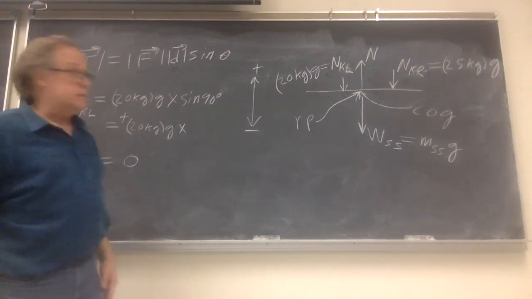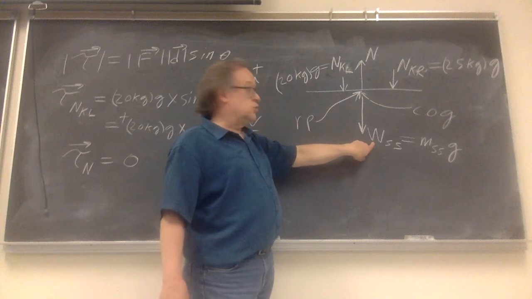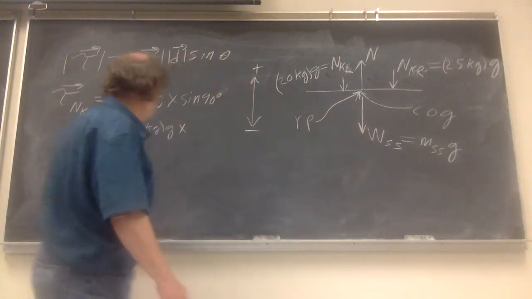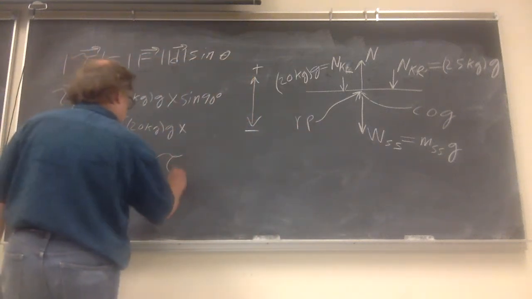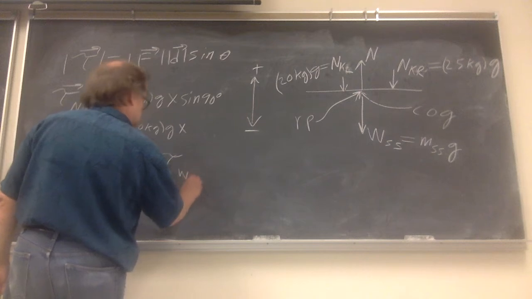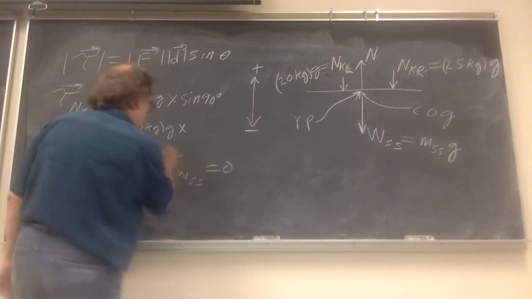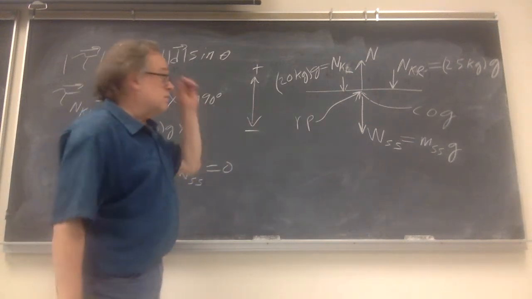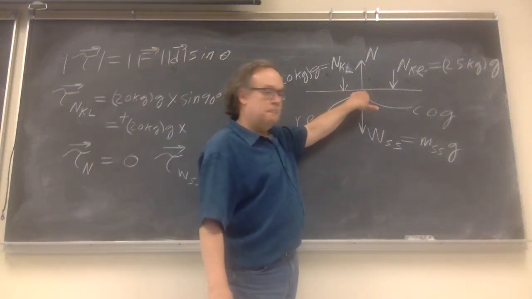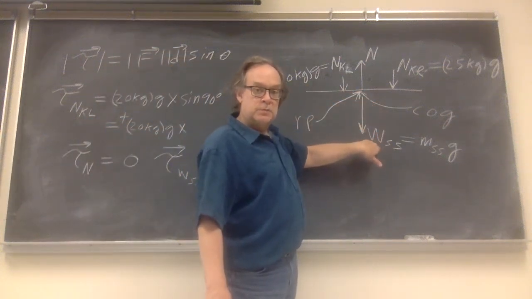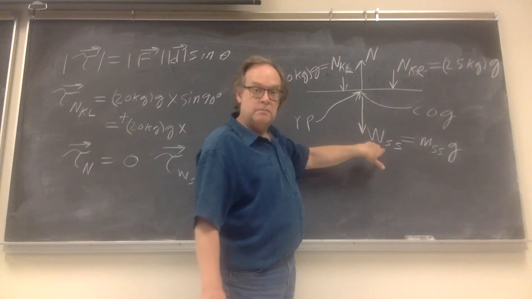And then you can say exactly the same thing about the torque due to the weight of the seesaw, for exactly the same reason. The reference point and the point where this force is pulling are the same point.